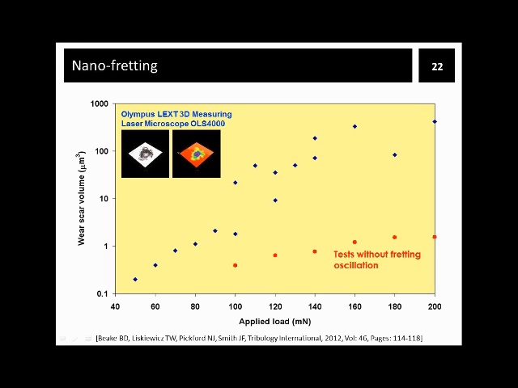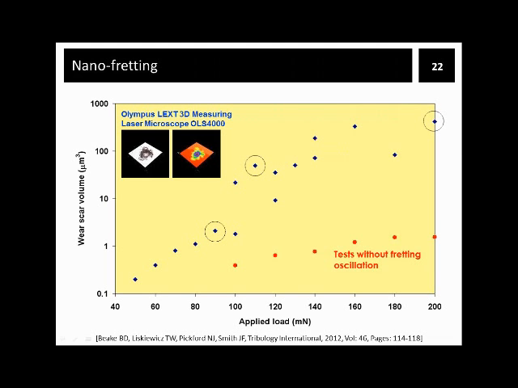What we can see here is a clear increase of wear volume under fretting conditions compared to the static experiments. We can also see that with increasing load, damage becomes progressively greater, and at around 110 millinewtons a transition to a more severe damage mode is observed, with tests at 100 millinewtons showing really more stochastic behavior.